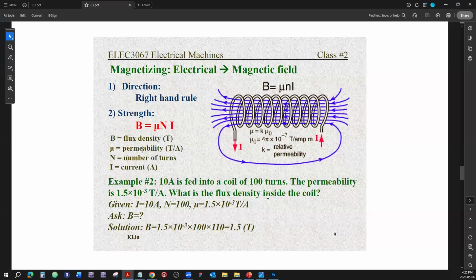What is the flux density inside the coil? We have that pretty much laid out for us here. When we apply this formula, we come up with a flux density of 1.5 Teslas.